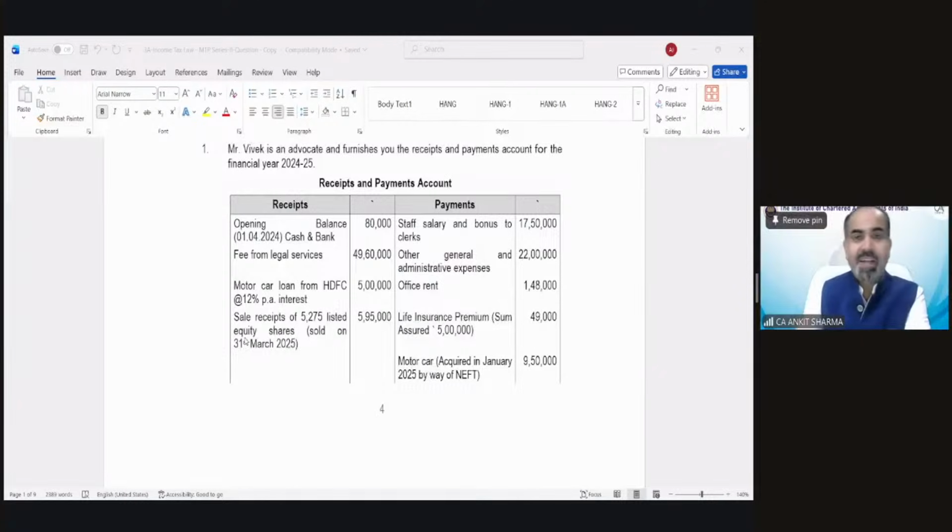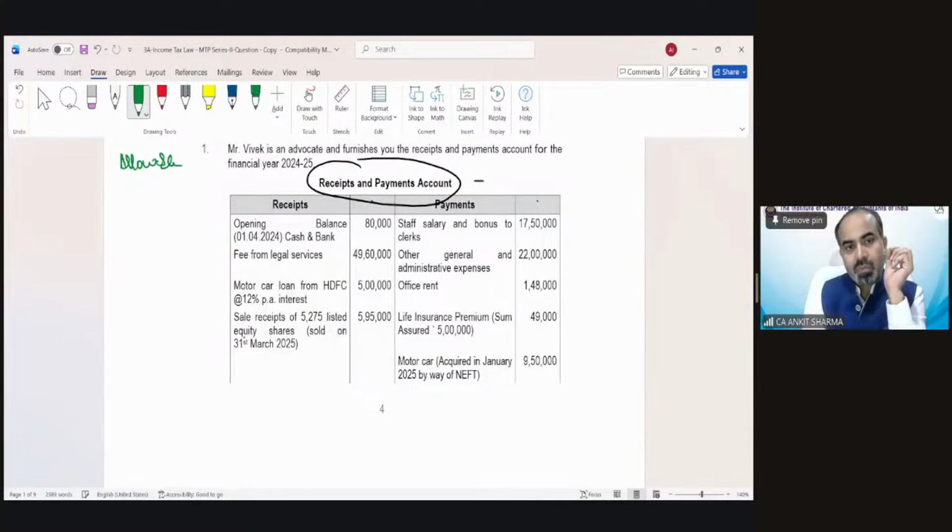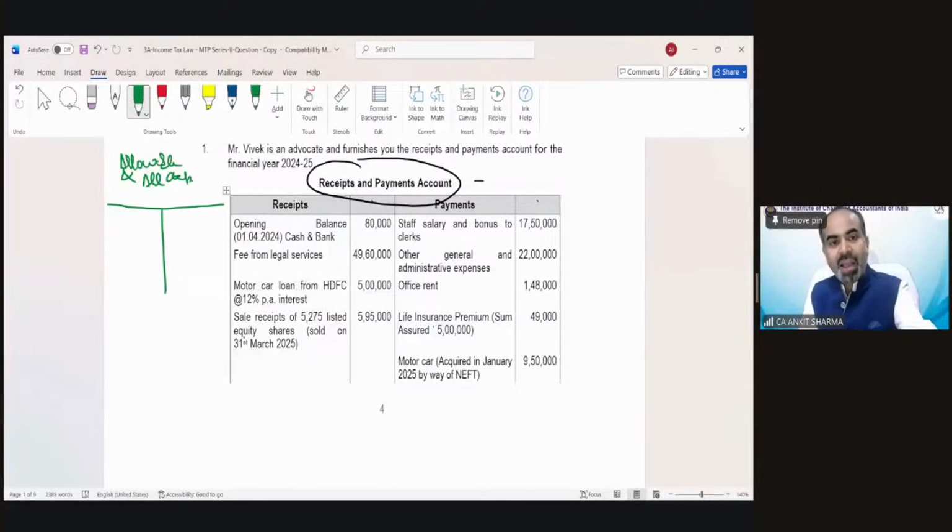But if a receipt and payment account has been given, that means the cash system of accounting must have been implemented. In case of receipt and payment, if given in the question, then we need to solve that question by considering only allowable income and allowable expense. So we make an income and expenditure account out of it. We consider only allowable income and allowable expenditure.